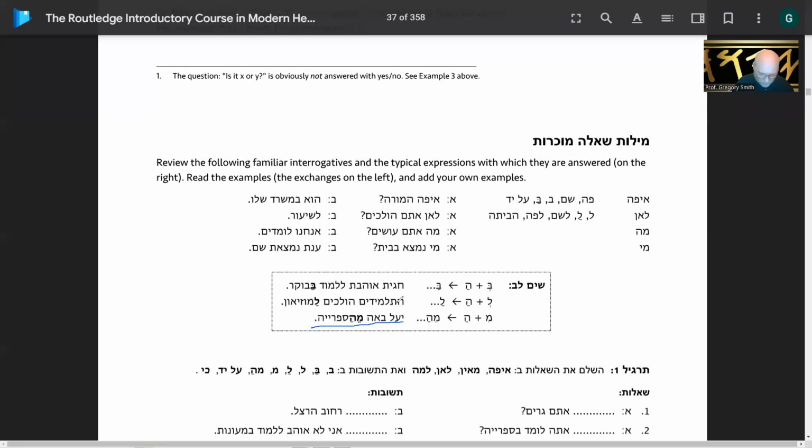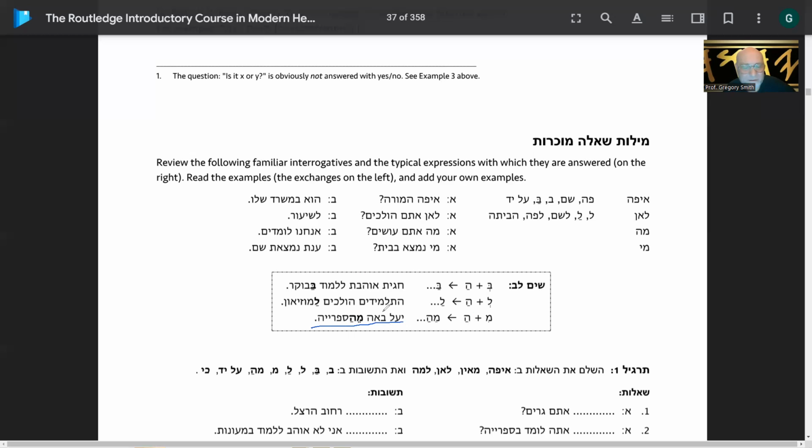Except it tried to put Yair, and that's not right. There we go. Yeah, Yael ba'a, or it might be, yeah, it's a girl. יעל באה מהספרייה. Ba, it's almost like there's no extra ha. It's like that hey on there.